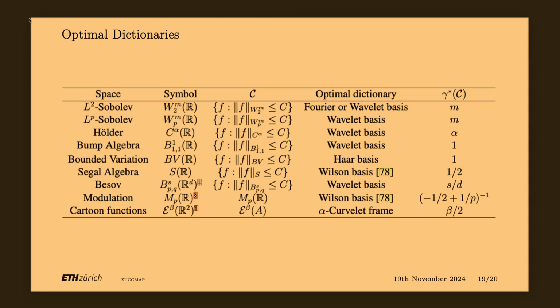You just use a neural network because it's going to be efficient, and so it's going to quickly learn the right object to approximate your function from your original function class. Previously, if you were using alpha-curvelets to approximate some other class, you would have been stuck because they were not the right object. But now you have a universal object that is approximating everything. That is also why neural networks work so well in the practical tasks in which they are used.